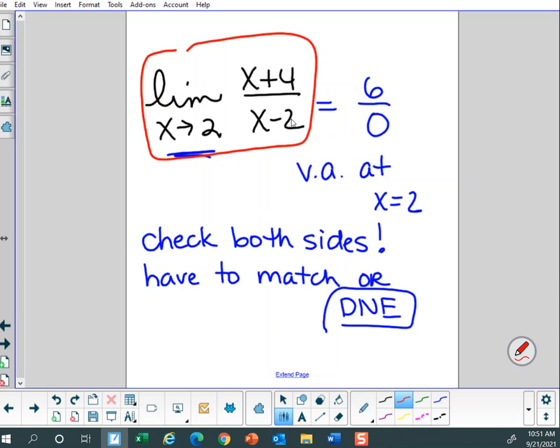Oftentimes, just being close to 2, looking at what a 1.5 would do versus a 2.5, one will be positive and one will be negative.